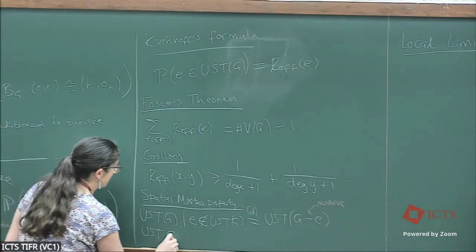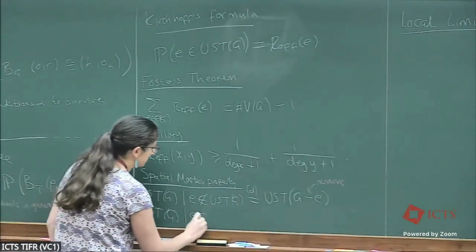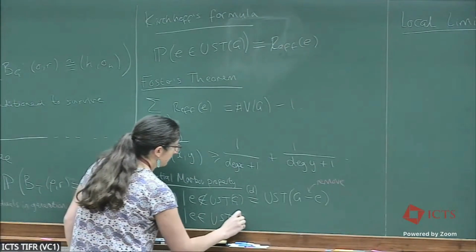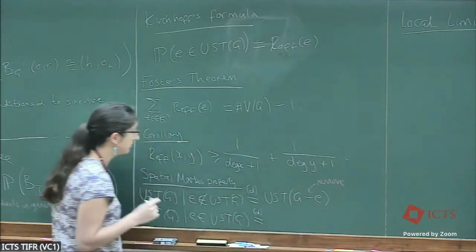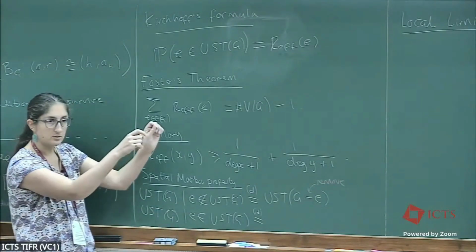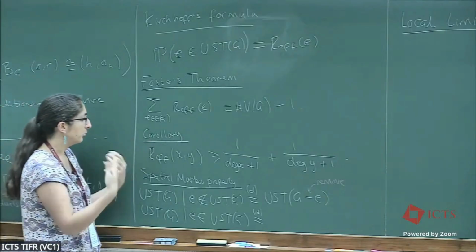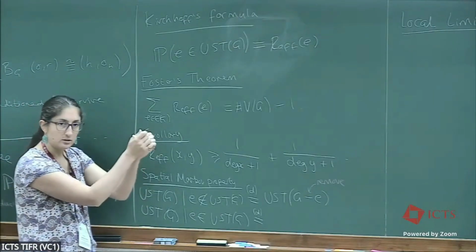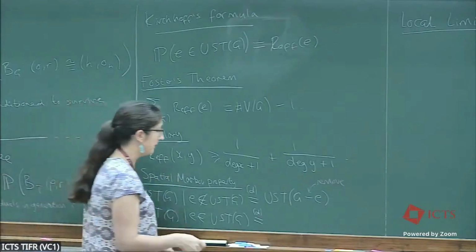This is maybe slightly less obvious, but you can also convince yourself with a similar kind of argument. If instead I want to condition on the edge being present, it means I'm forcing the two endpoints of this edge to be connected in the spanning tree. So instead what makes sense is to contract that edge in the graph G, because I know they're connected anyway, and then sample a spanning tree of the remaining graph.